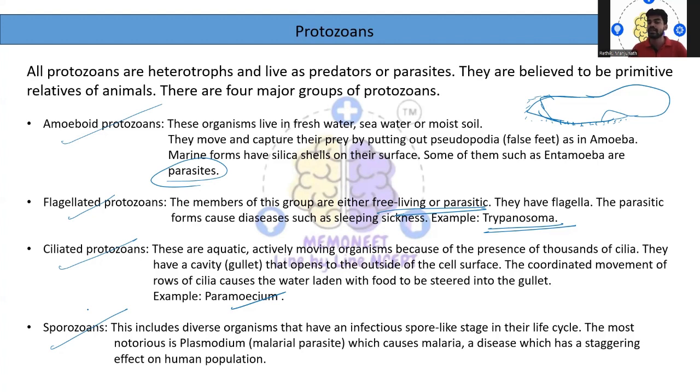Malaria has a staggering effect on the human population. Okay, so these are the sporozoans. So this is all about the protozoans and the kingdom Protista.